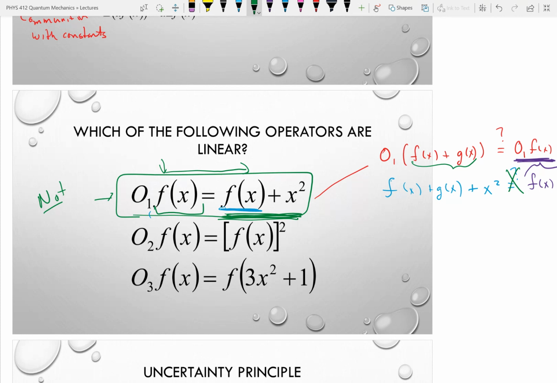Let's go ahead and run the second test, just to see if it passes and how we would do it. The second test is operator 1 on a f of x. Is that equal to a times operator 1 on f of x?